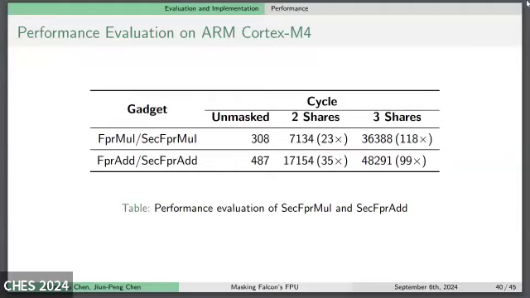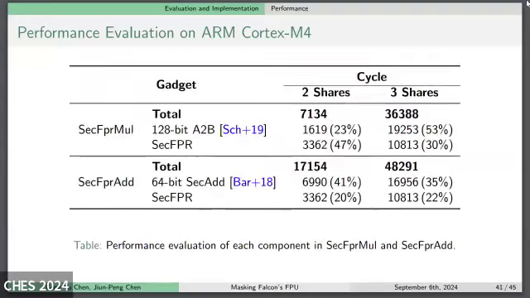Our 2-share protected design and 3-share design are around 23 times and over 100 times slower than the unprotected ones. For floating point number addition, the 2-share design is around 35 times slower, and the 3-share design is around 100 times slower.